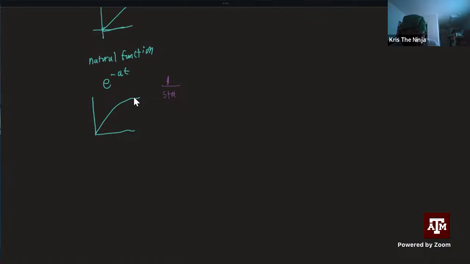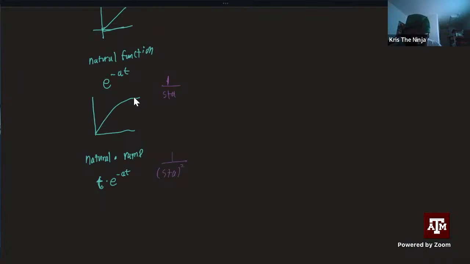If you have the exponential function times a ramp function, which would be t e to the minus at, I don't really know how that would look, but if you're given something like that, you would have 1 over (s plus a) squared.